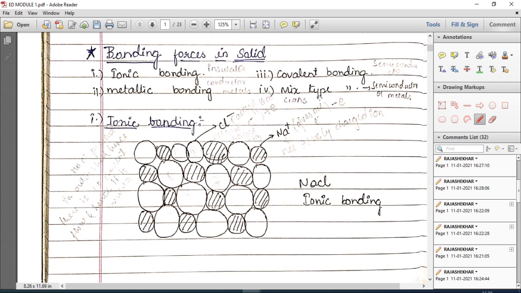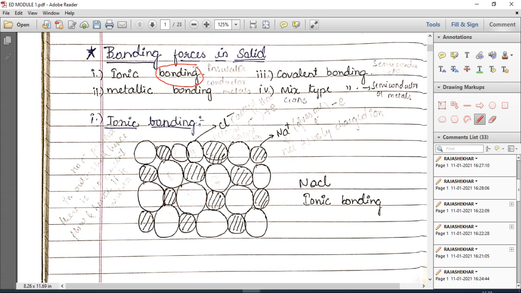Now in this topic, we are going to study how this bonding will affect the flow of current in a particular element or material which is chosen. Suppose we have 3 types of materials: one is insulator, one is conductor, and one is semiconductor.